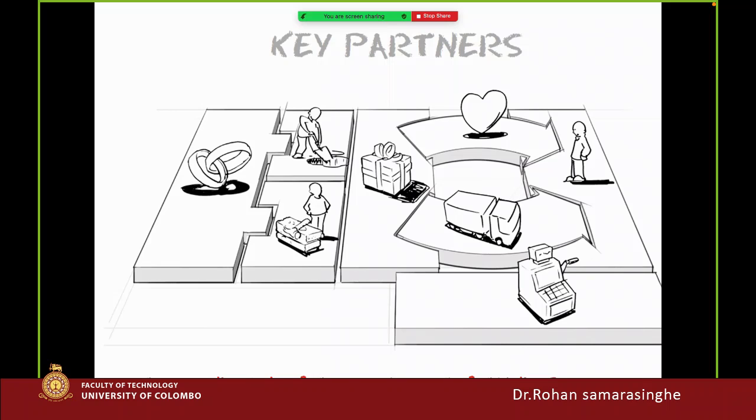Which key resources are we acquiring from them, and which activities do partners perform? When you write the business plan, you will have to write who the raw material suppliers are, or, if it is an IT company, consider who the key partners are. Partners are sometimes companies that provide different services.